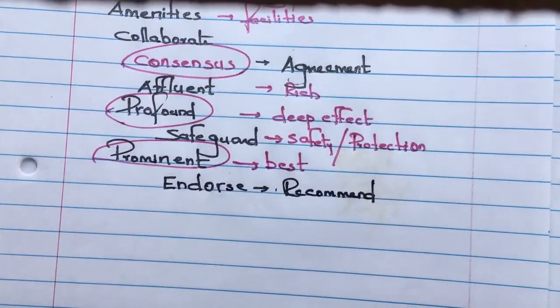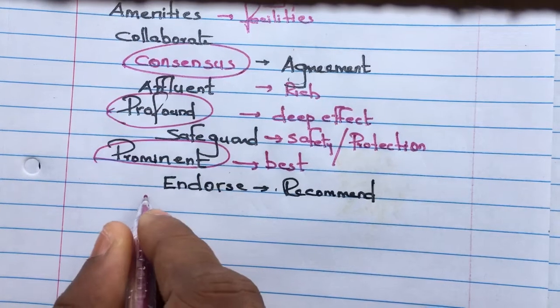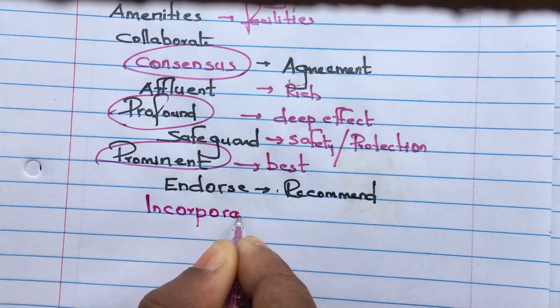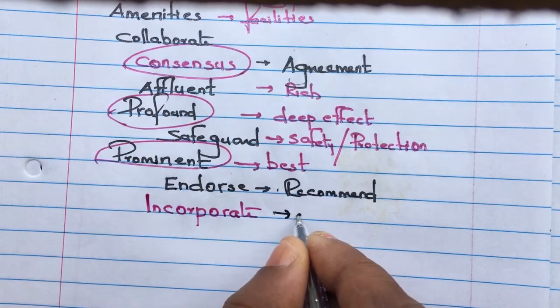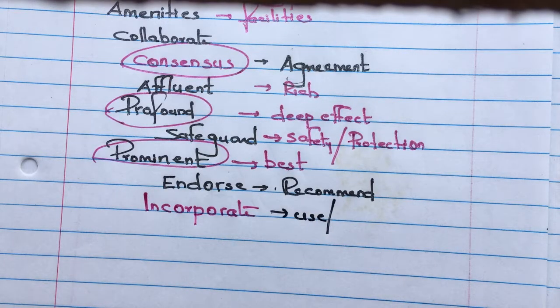Okay, and next is incorporate. This is my favorite word, incorporate. Incorporate means something you include or use. Some people say use, but instead you could say that you have to incorporate many perspectives into this particular realm, which would give you a better result, something like that.